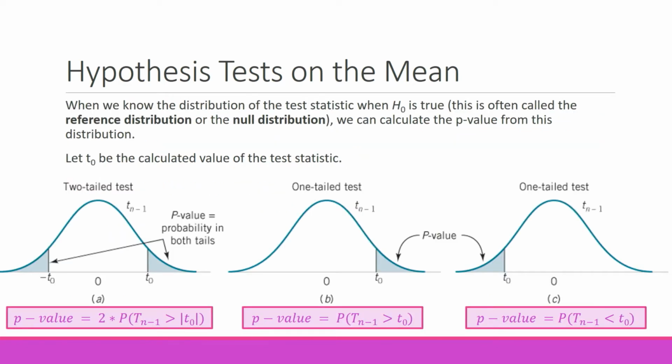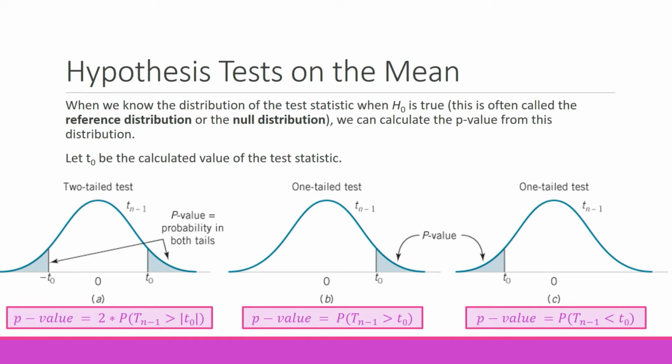Now, when we're doing a hypothesis test on a mean, or any type of hypothesis test, we need to know how we are going to calculate our p-values. How are we going to calculate this item at the end that's actually going to drive our decision, whether we reject or do not reject the null hypothesis?